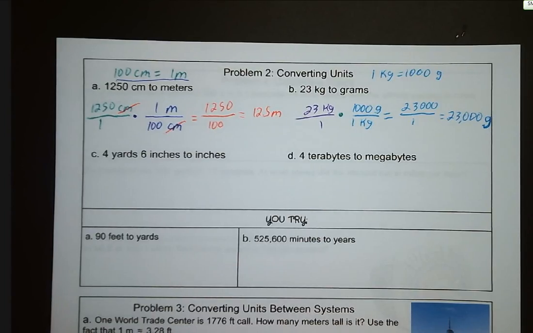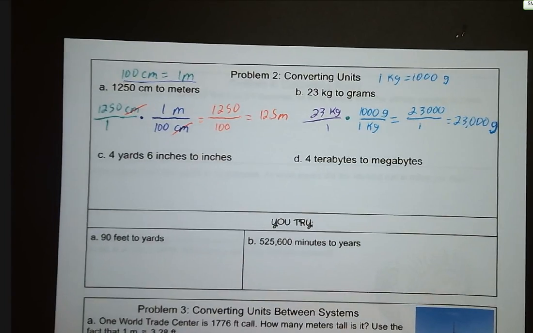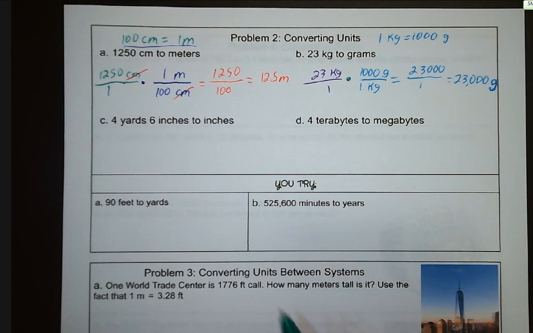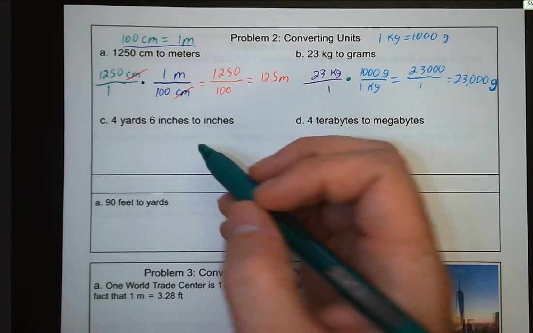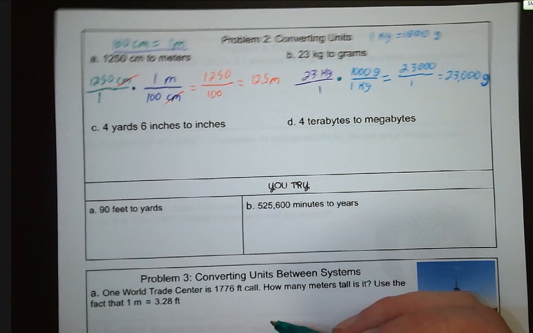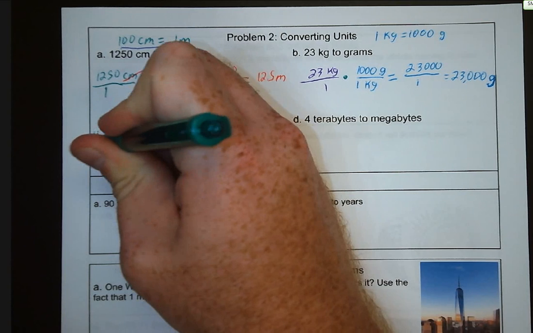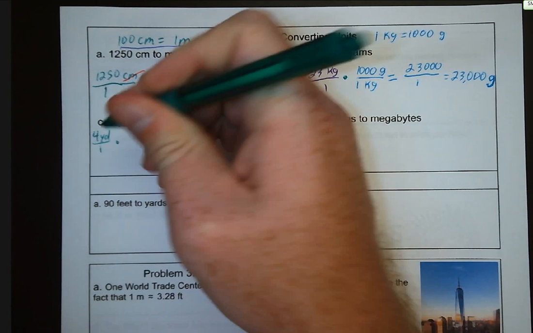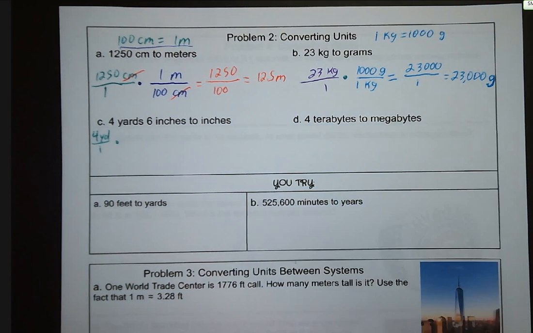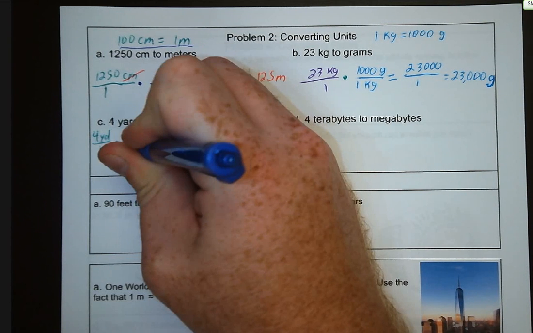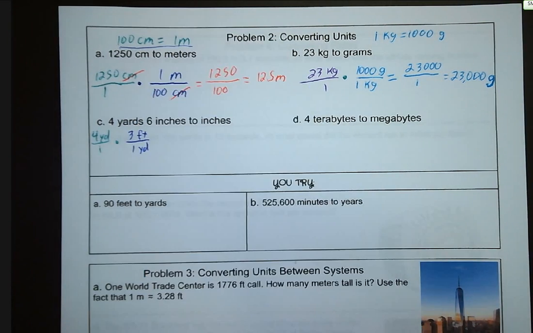All right, number 4, we've got yards to inches. 4 yards, 6 inches, and we want to convert that into inches. So let's start by converting yards. So 4 yards. We're going to multiply. Well, I know that a yard is 3 feet. All right, so our first units cancel out.